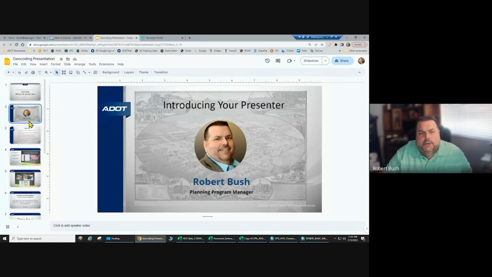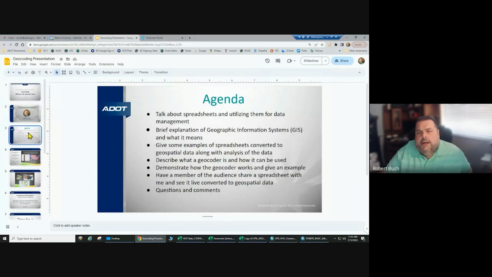I'm going to start here with the agenda and go over what we're hoping to talk about today. We're going to talk about spreadsheets and utilizing them for data management. I know there's a lot of people out there that hopefully have spreadsheets that they keep data on, and we're going to show you an idea that may help you utilize that data in a much more visual fashion.